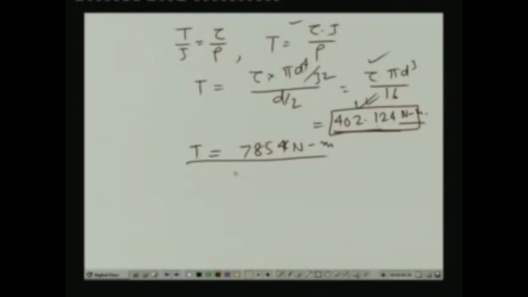Now let us look from the angle of twist point of view. Now theta, as we know, is equal to TL by GJ. So if we compute the value of the twisting moment, now we have two segments, theta 1 and theta 2.